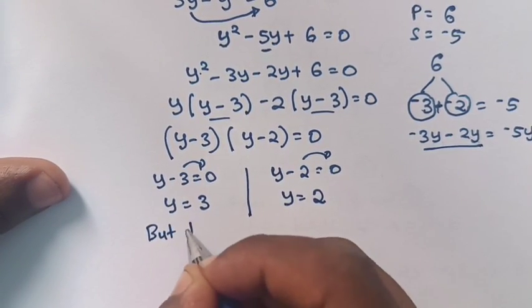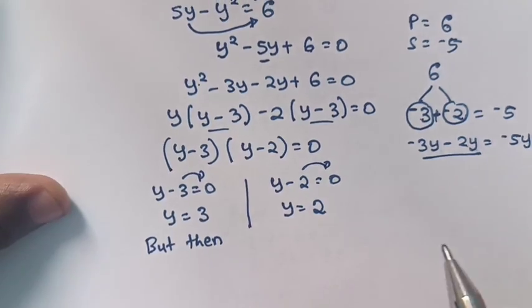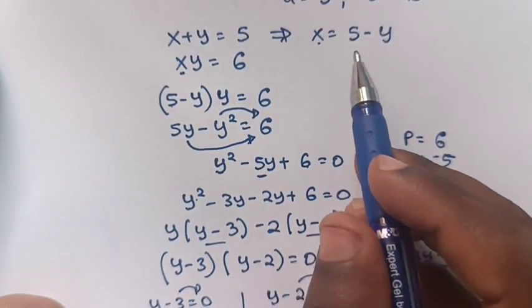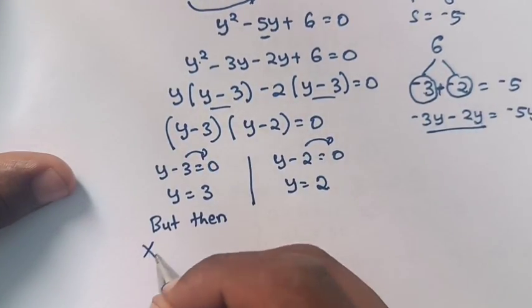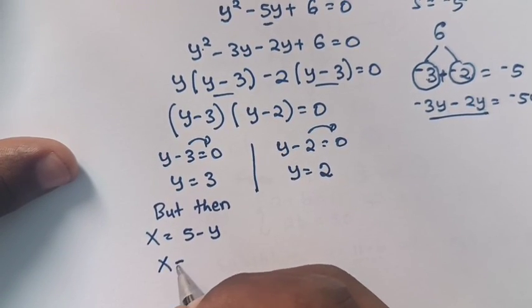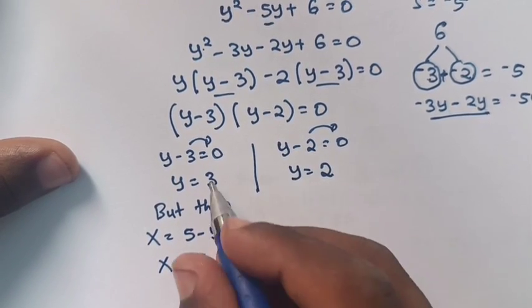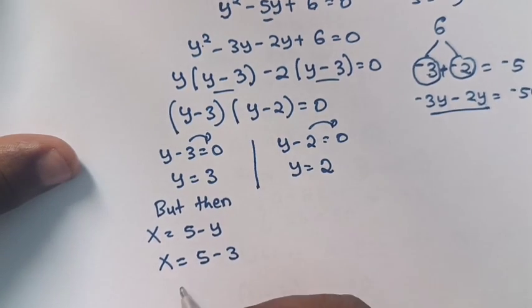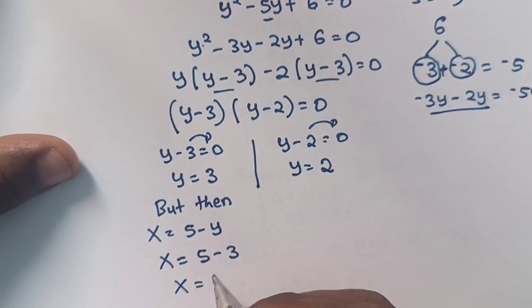But then, refer here, x is equal to 5 minus y. We already get the value of y, so x will be equal to 5 minus 3. So x is equal to 2.